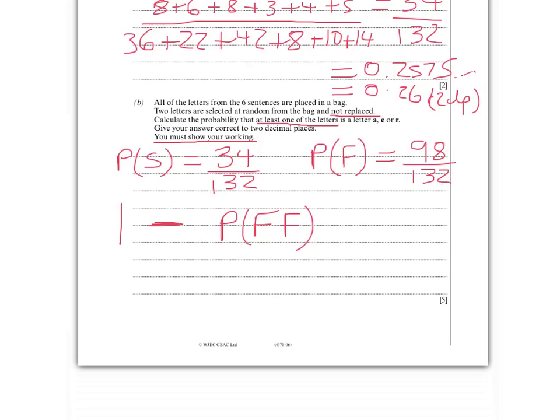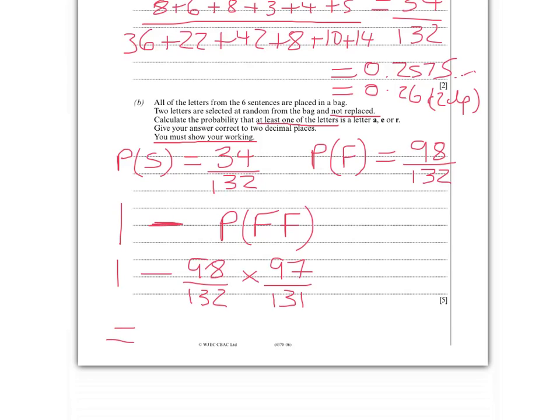So if we work out what the probability of 2 failures would be, so that's 98 over 132 times 97, because we have one less tile, over 131.